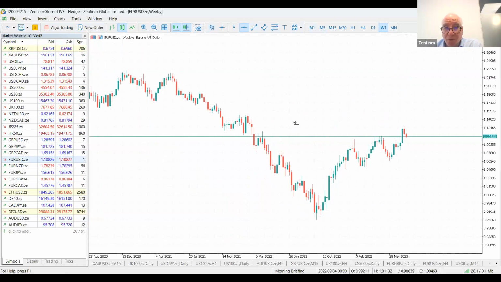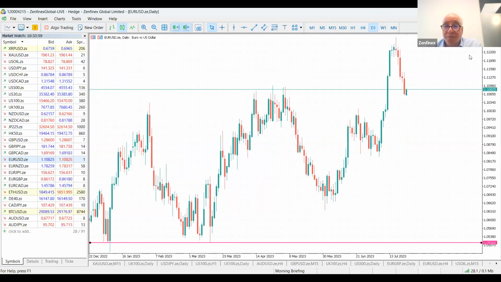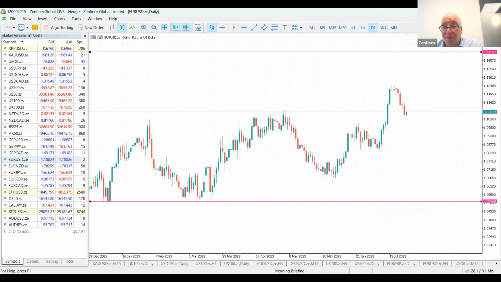Remember, weekly, so we're not looking for them to be too far away because the chance of getting there is going to be quite remote. We're now plotting out our trading window. We'll go to the daily, because these levels can be important if we're looking for targets, particularly the weeklies.